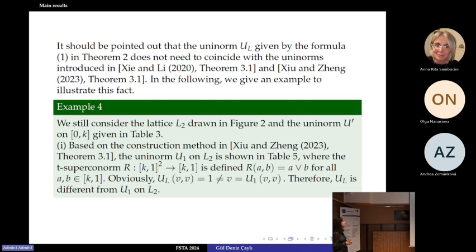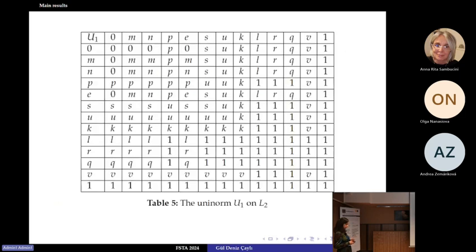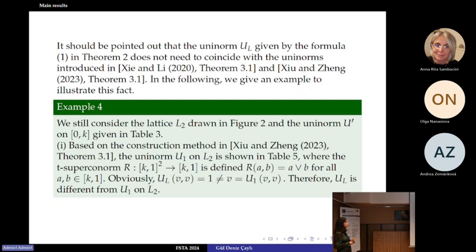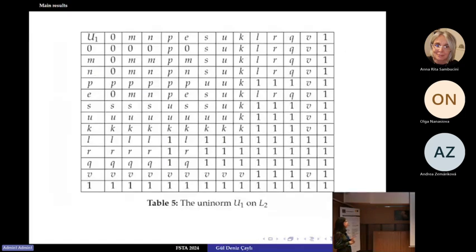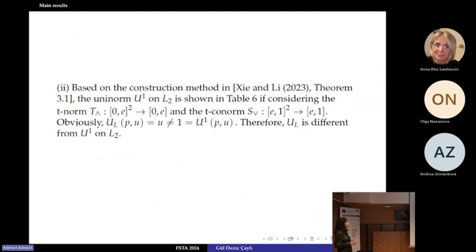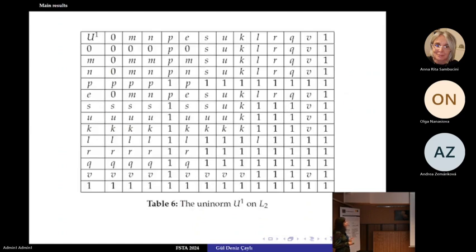We still take the lattice L2 and the uninorm U prime given by table 3. If we apply the construction methods in this paper, we have this uninorm, and it is different from our uninorm. Similarly, if we use the construction method in this paper, we obtain this uninorm, also different from our uninorm.